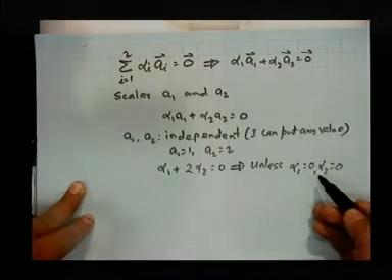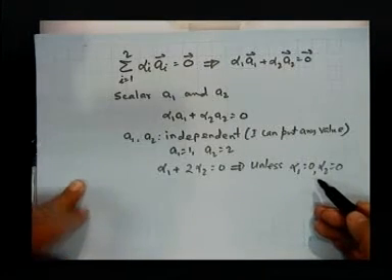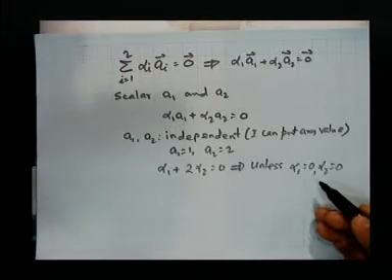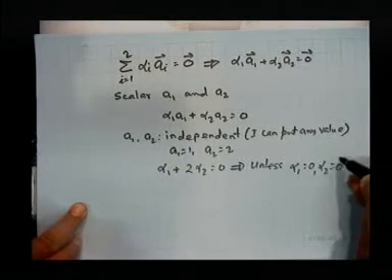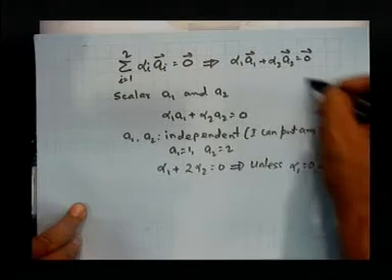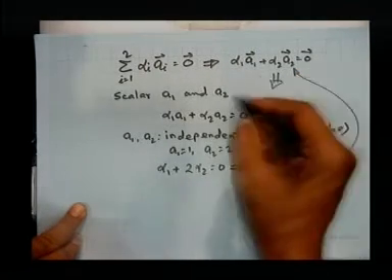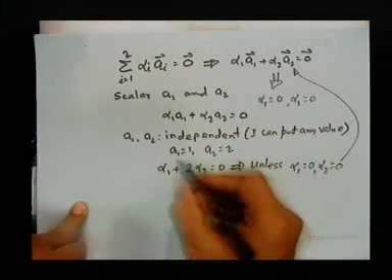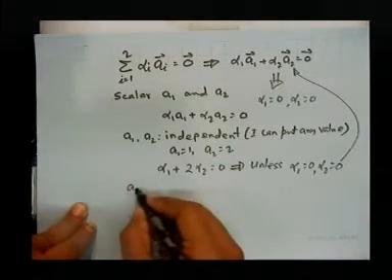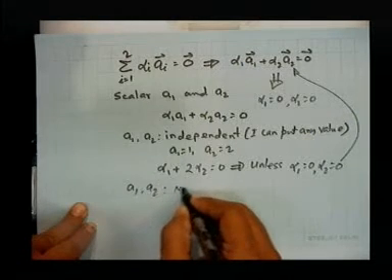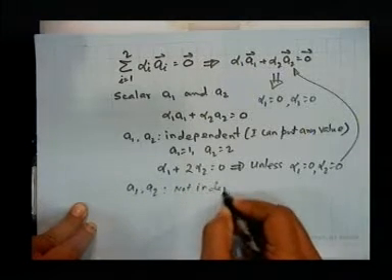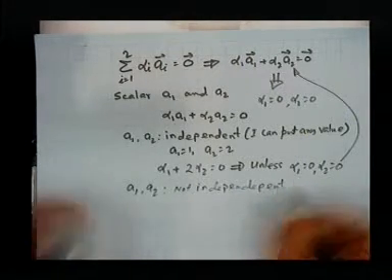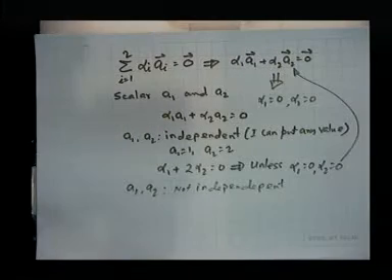This property we use in getting some other kinds of equations, particularly in dynamics; we will see it later. Now, the similar situation is here. Since A1, A2 are independent, that means alpha 1 equal to 0, alpha 2 equal to 0. Now, for example, if A1, A2 are not independent, it means they are dependent, right?